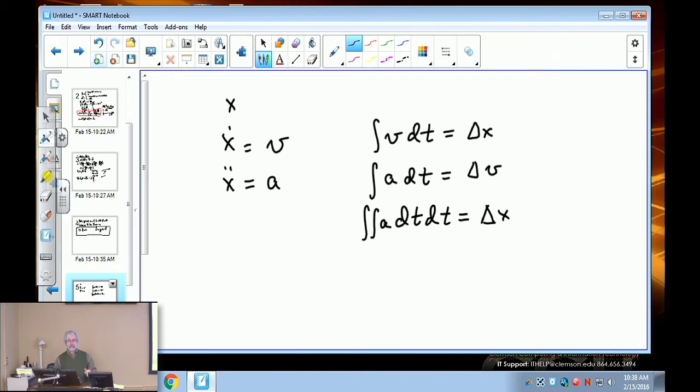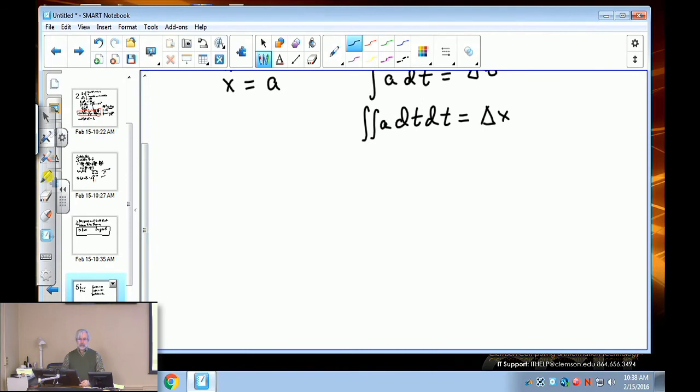Okay. In Chapter 2, that's not quite what we're doing. You see multiple integrals, 2- and 3-fold integrals, and those are not integrating twice with respect to the same variable. So now what we're doing is something a little different.